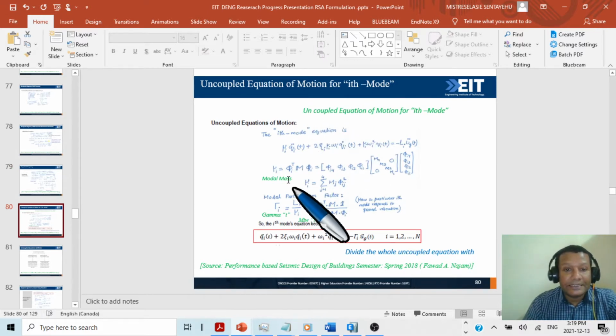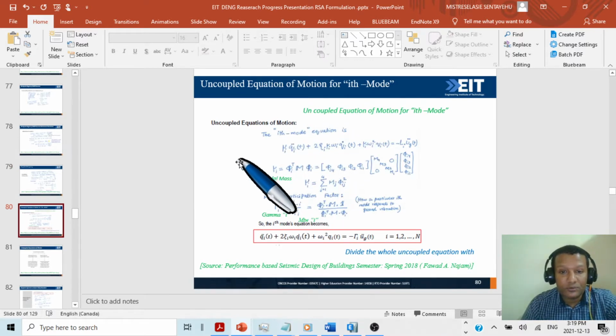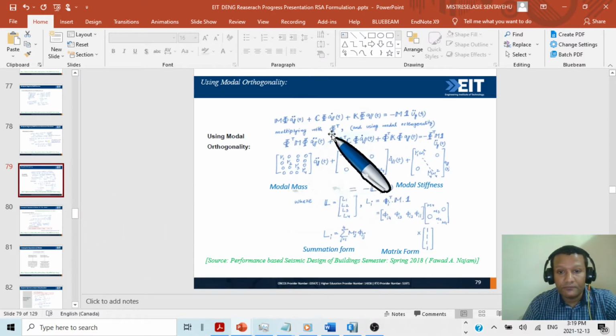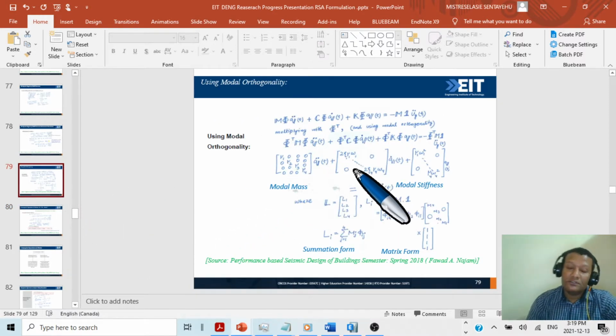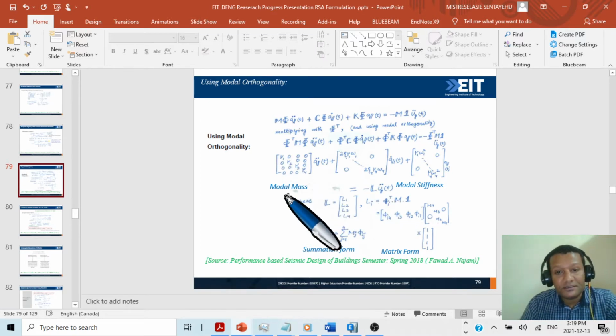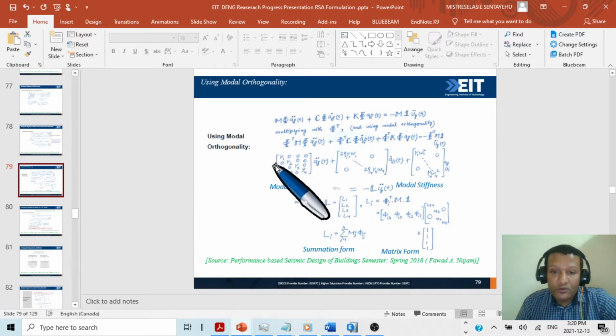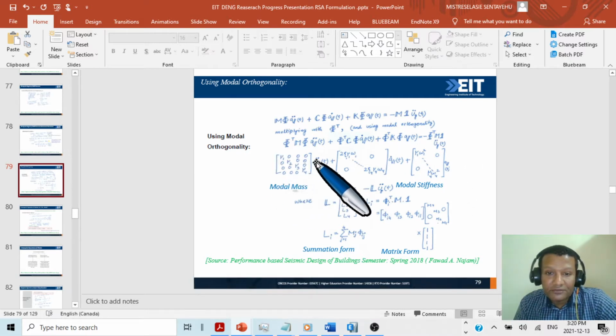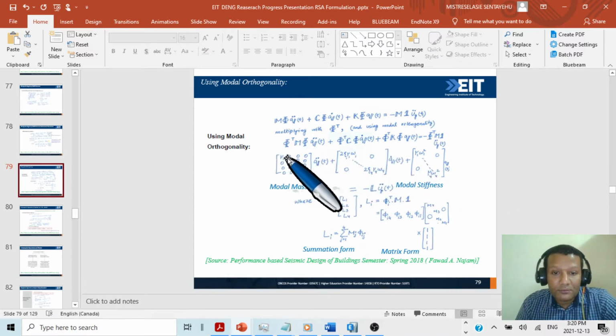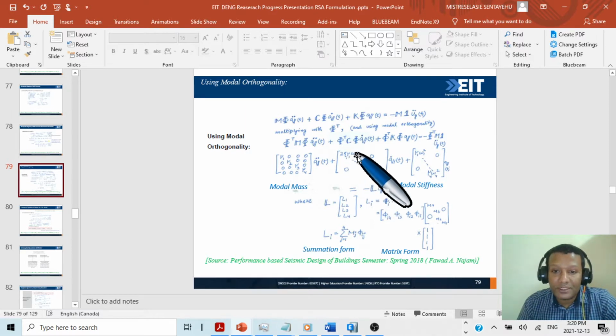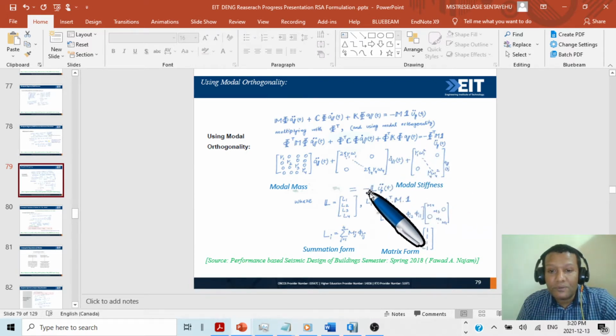Again, the uncoupled equation of motion for the i-th mode. Once we reach here, the uncoupled equation of motion means this is modal mass 1. If you take the first row, for example, modal mass mu i times q double dot plus 2 xi times modal mass times omega 1 times q dot of t plus mu times omega squared times q of t is equal to minus L times ug double dot of t.